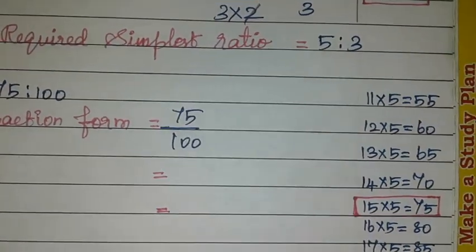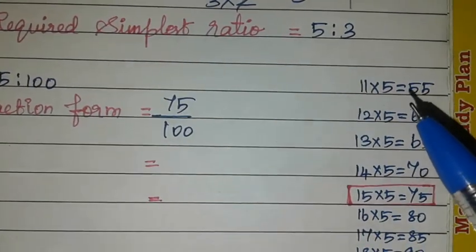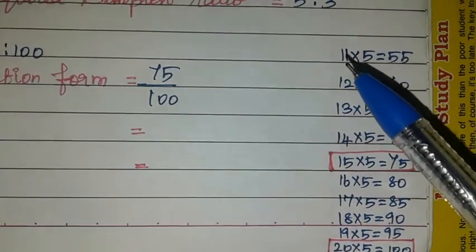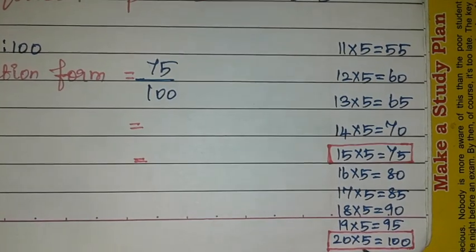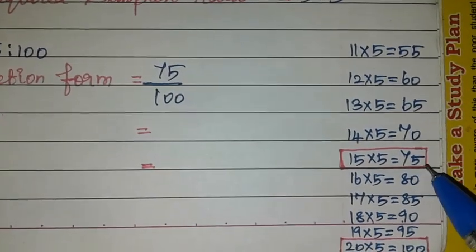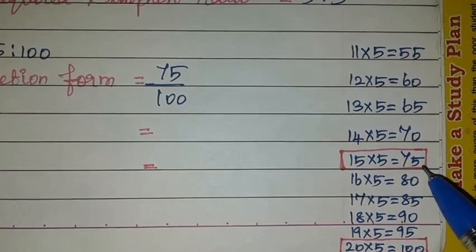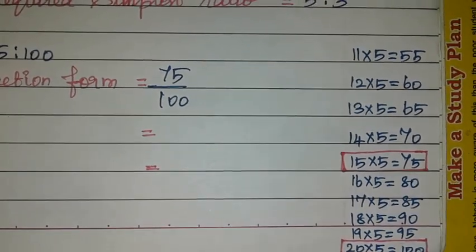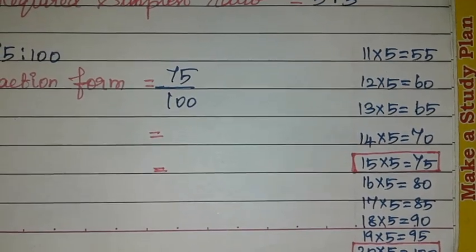But see students, 10 5s are 50. This is a greater number, so I am considering from 11 5s are 55 to 20 5s are 100. In this table we are getting 75 and 100. 15 5s are 75 and 20 5s are 100.